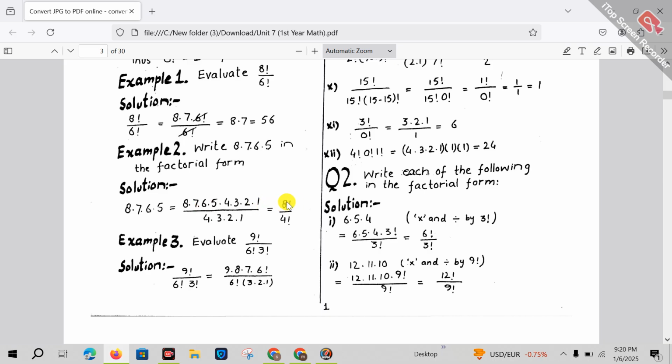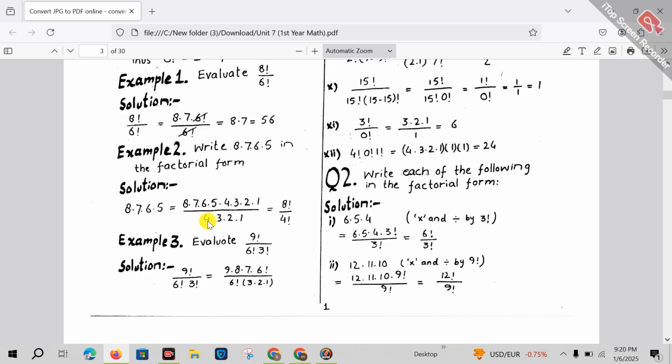A factorial form will be possible if we write it as 8 factorial. In order to make it 8 factorial, we need 4, 3, 2, 1. That's why we multiplied by this term, and if we multiply by that term, we also have to divide by it.